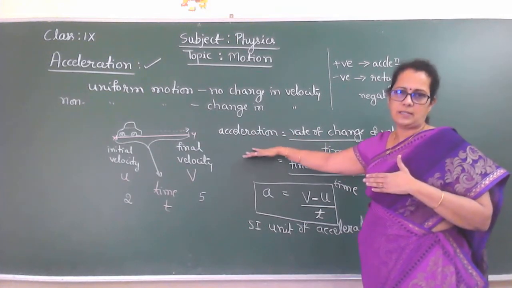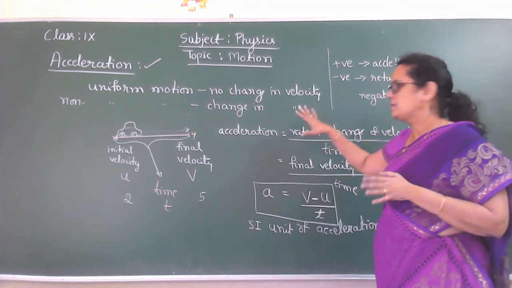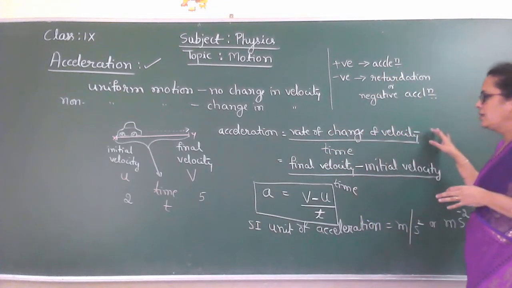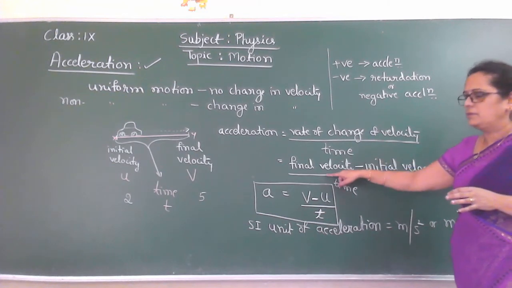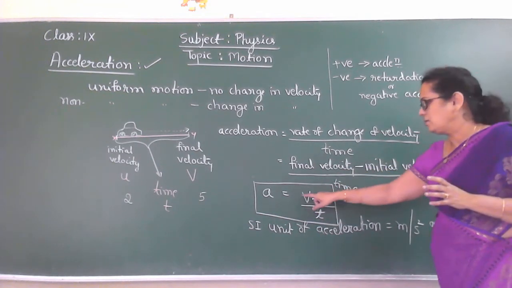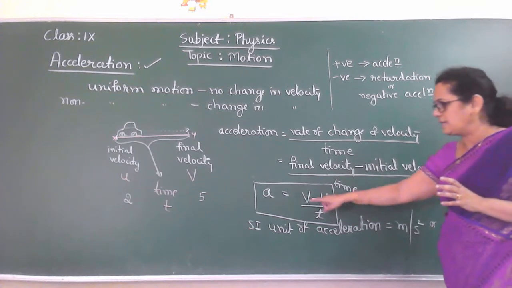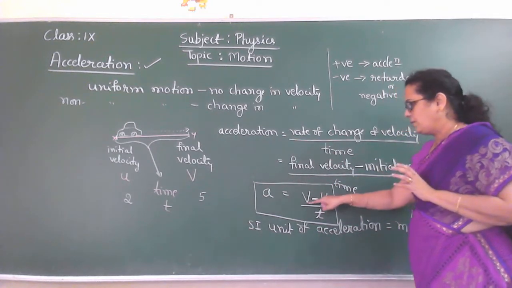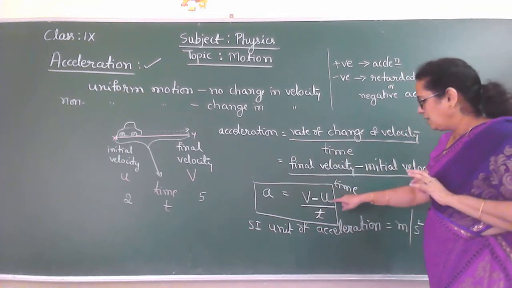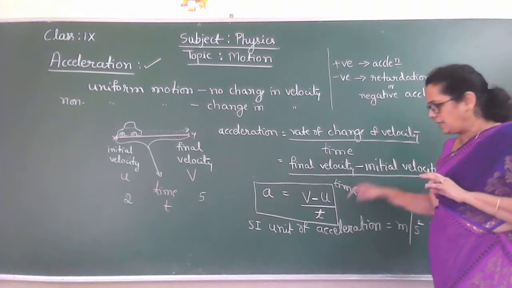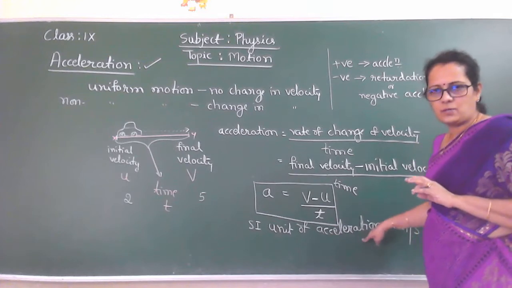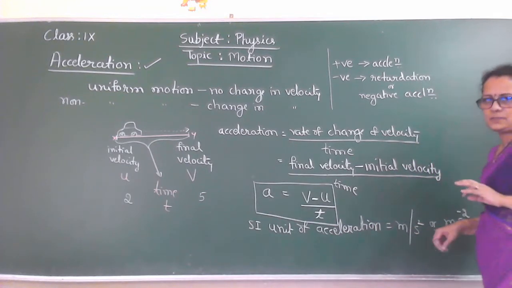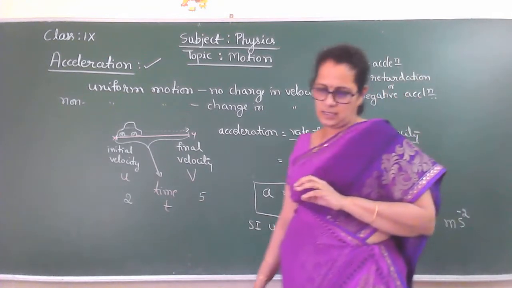Acceleration is the rate of change of velocity with respect to time. The formula is a equals v minus u by t, where a is acceleration, v is final velocity, u is initial velocity, and t is time taken. Then what is the SI unit of acceleration? It is meter per second square.